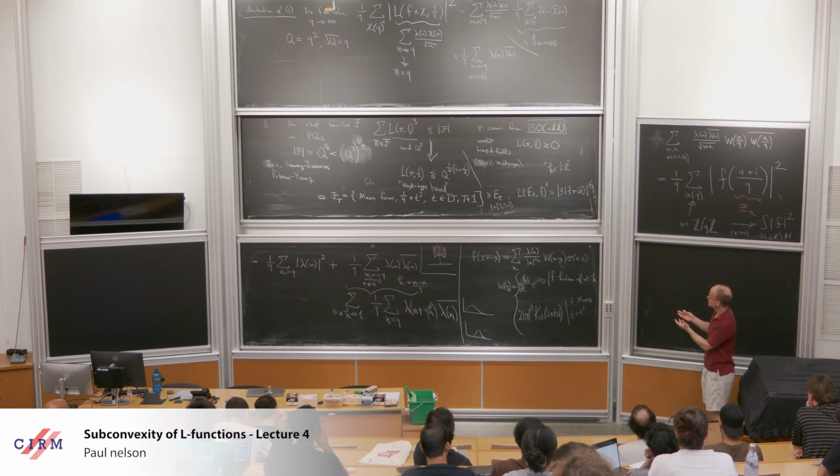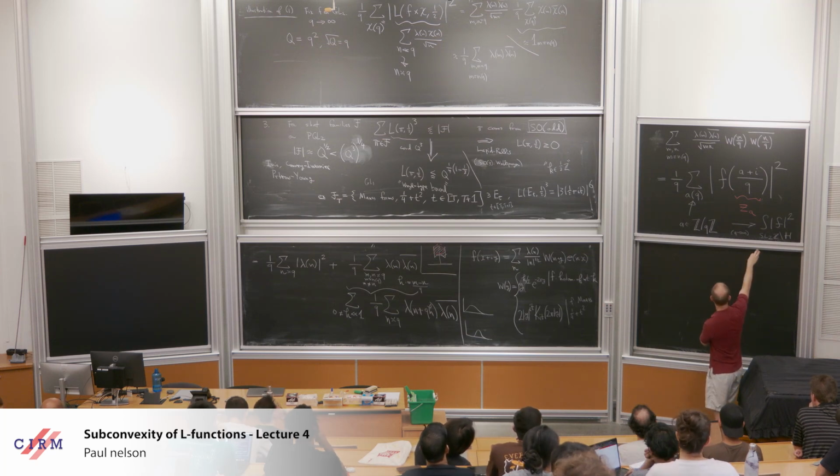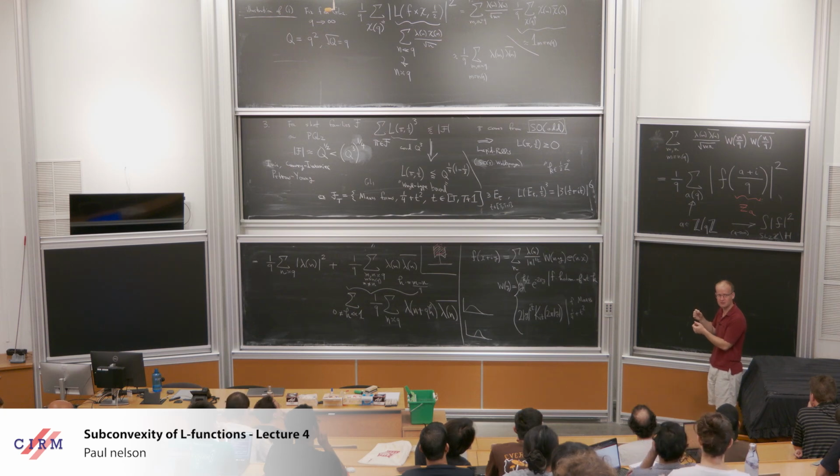Because now, modulo replacing the cutoff with the W that we've written there, and modulo this equidistribution assertion that we're using as a black box for now, this completes the proof of this moment evaluation.